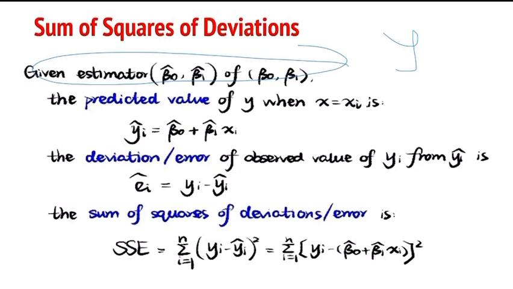The unexplained variation is the one that we can attribute to error. And what we want to do is we always want to minimize the unexplained variation. If we're able to minimize the unexplained variation, then the beta naught and the beta 1 that we got are actually going to be great.